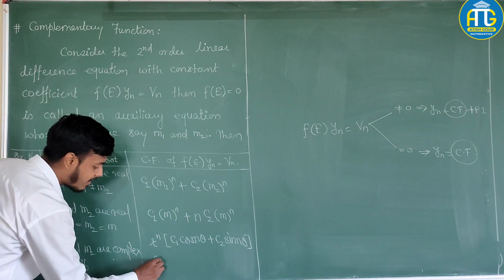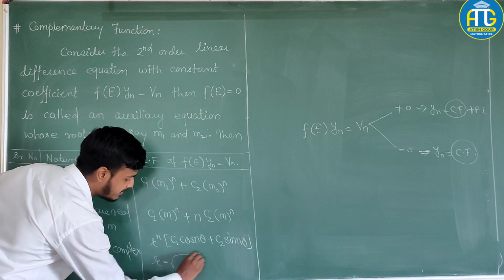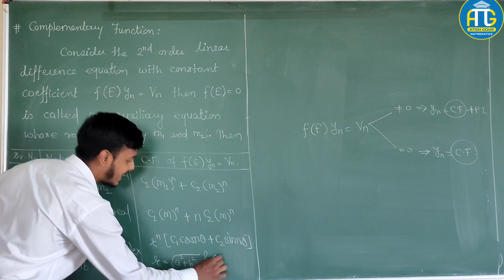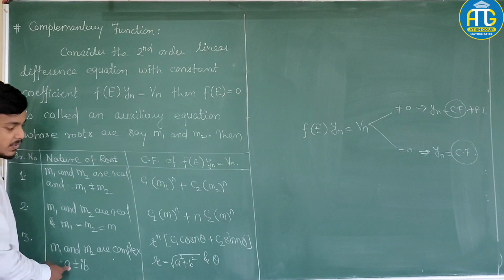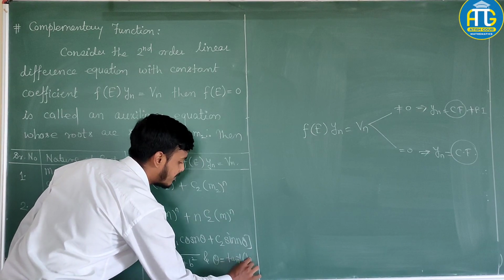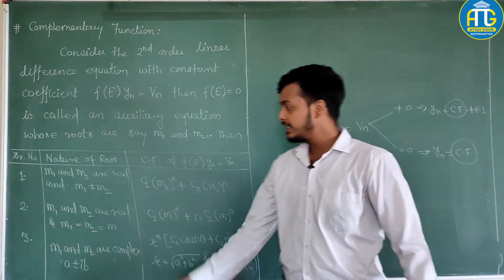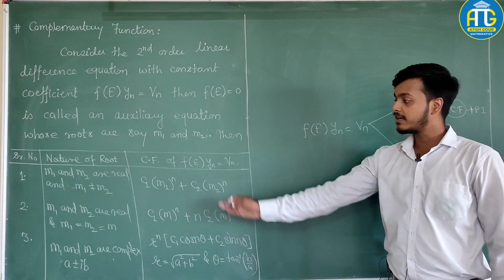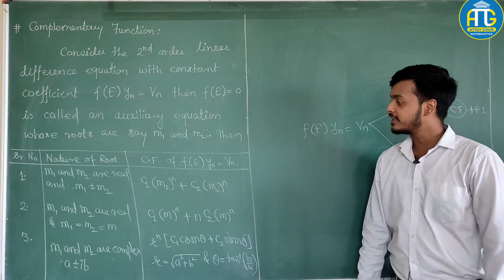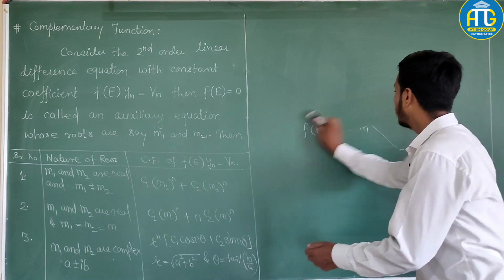Here r is nothing but the magnitude of this complex number, which is given as under root of a square plus b square, and theta, being the argument of this complex number, is given by tan inverse of b by a. So these are the 3 rules, the handy ones in finding out the complementary function. So I think we can take some quick problems to work out.